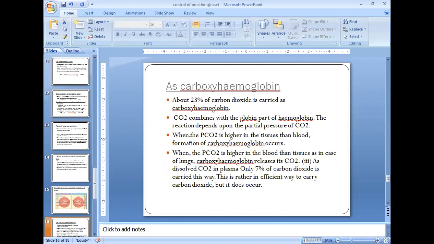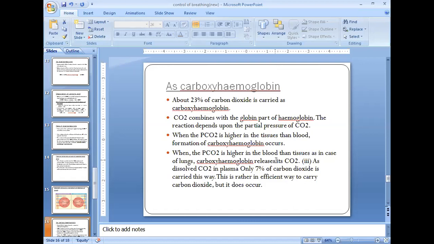Students, the rest of the process I already explained to you, but keep this in your mind: when the partial pressure of carbon dioxide is higher in the blood than tissues, as in the case of lungs, then carboxyhemoglobin releases its carbon dioxide.